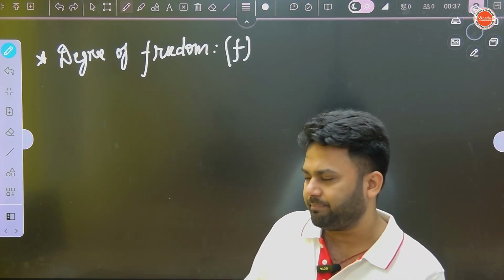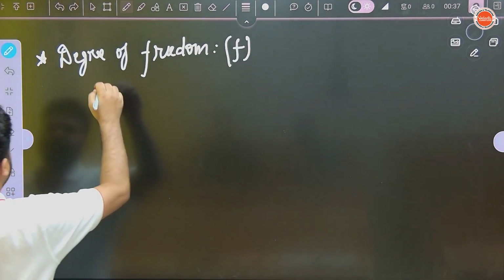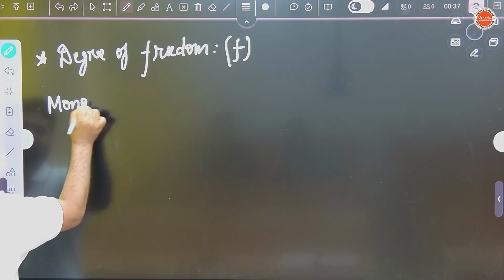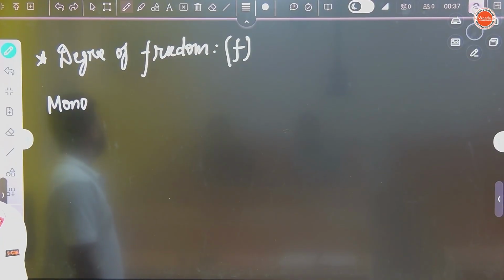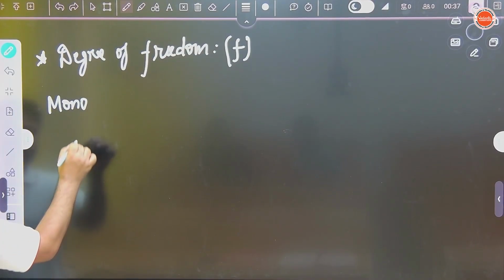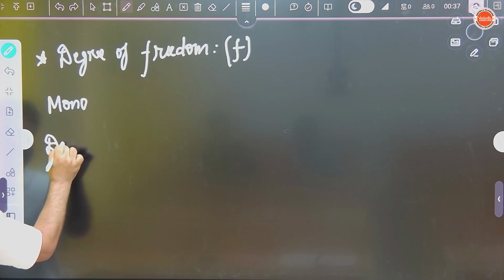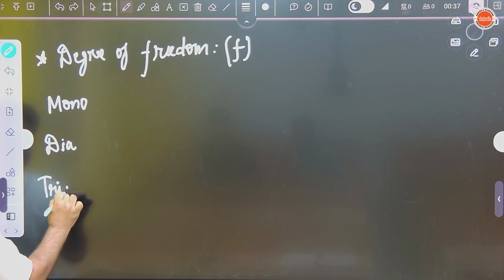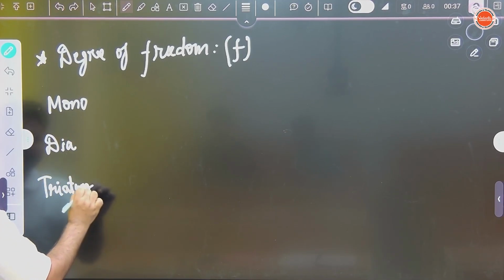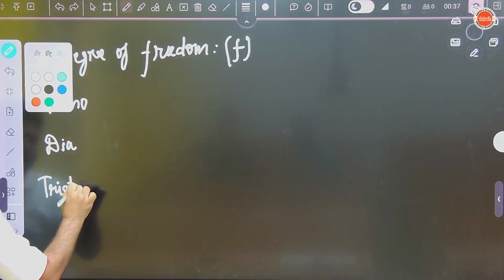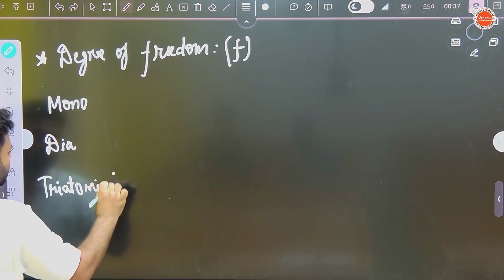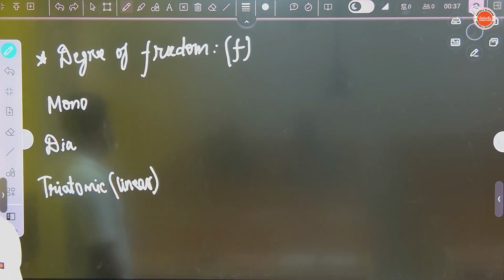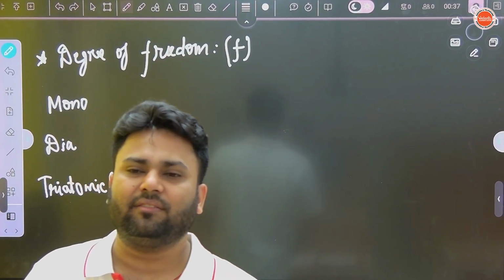We are not going into much depth, but just remember, we have different types of gas. Monoatomic means helium, argon. Then we have diatomic, oxygen and all. Then we have triatomic, but whose shape is linear.